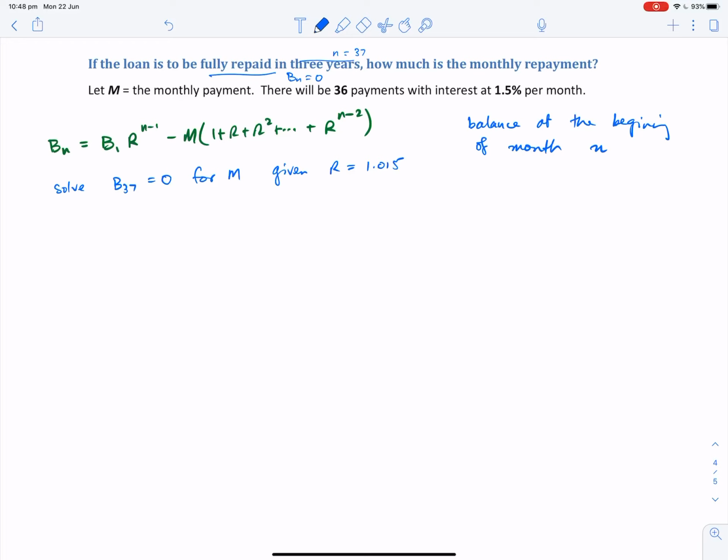Okay, so all right, so if Bn is 0, then we've got B1 R to the N minus 1, which is 36, equals M outside (1 plus ...). Okay, there are N minus 1 terms in this series.